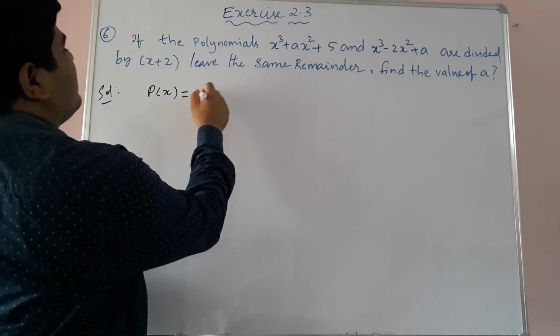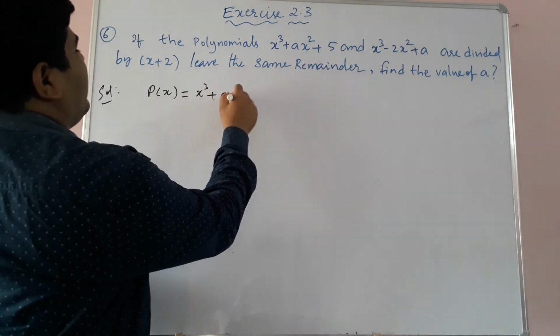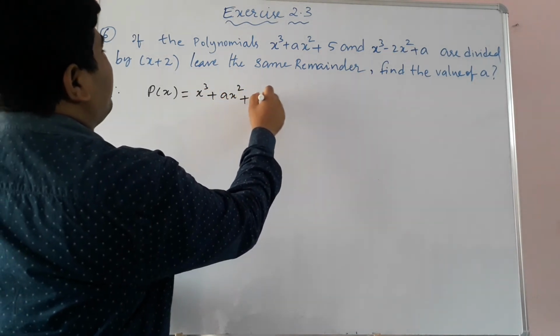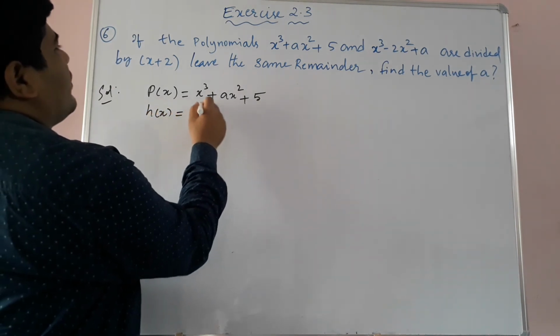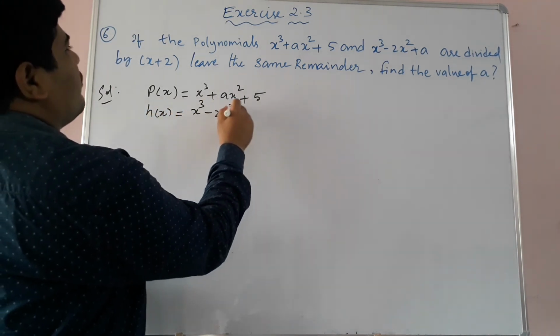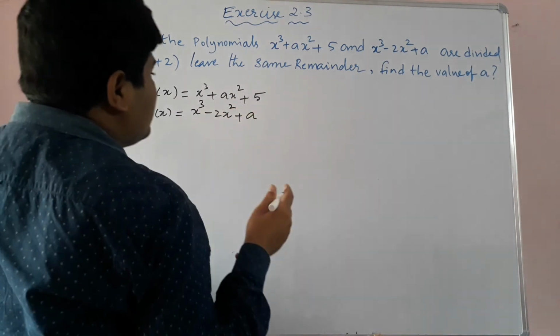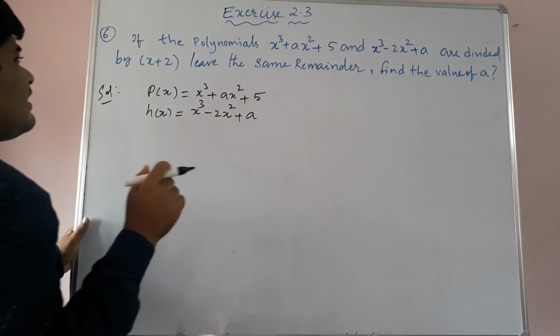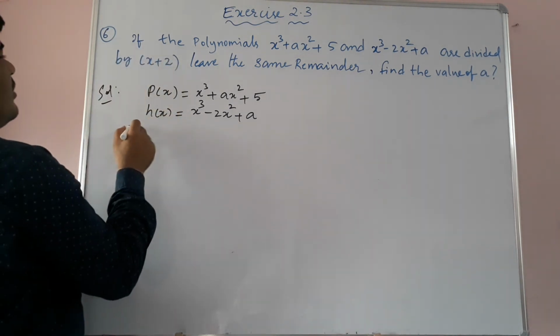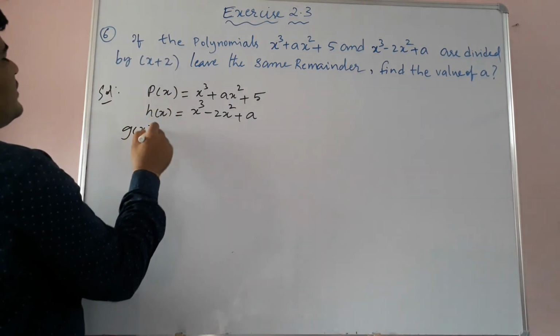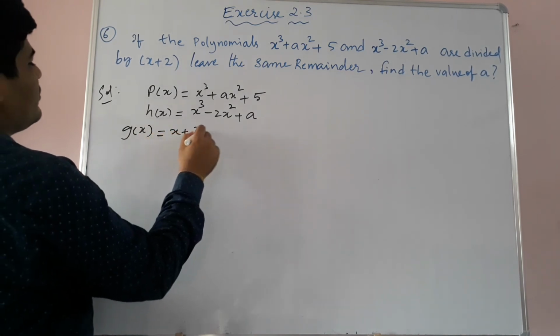So p of x is equal to x cube plus ax square plus 5 and h of x is x cube minus 2x square plus a. And children, these two polynomials are divided by linear polynomial x plus 2. So let that linear polynomial be g of x, that is equal to x plus 2.